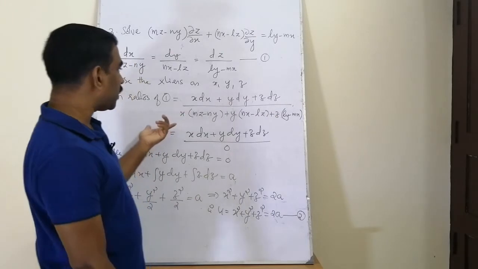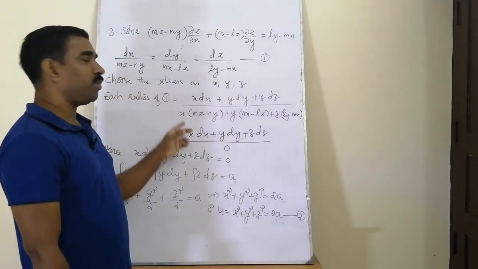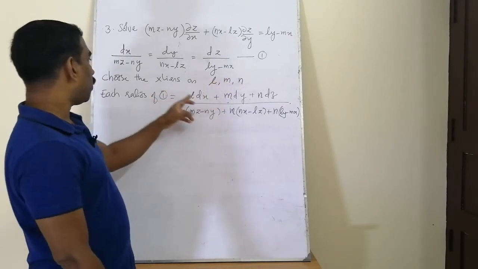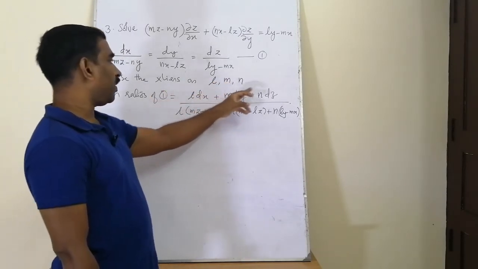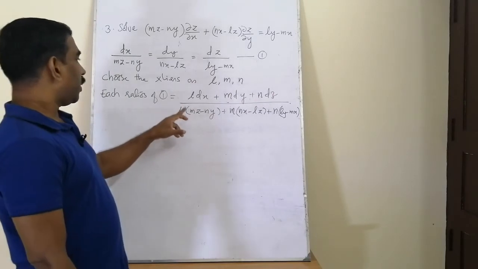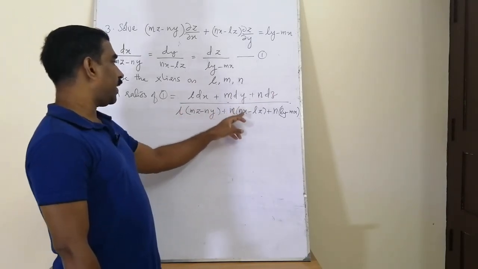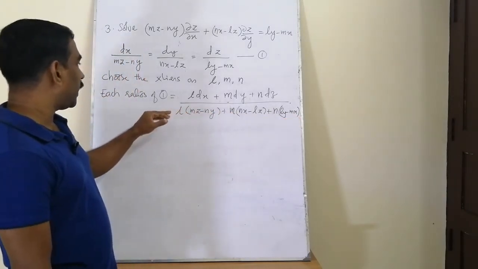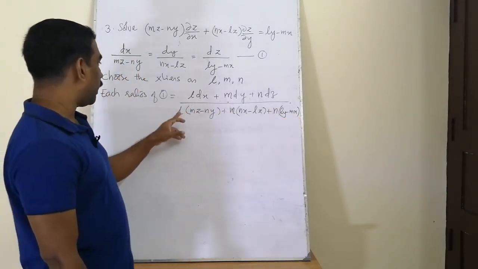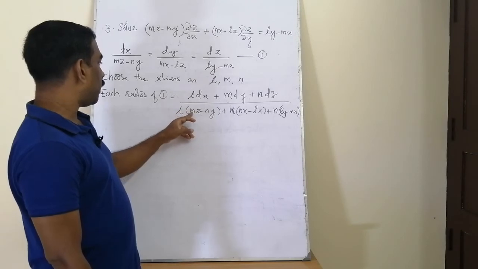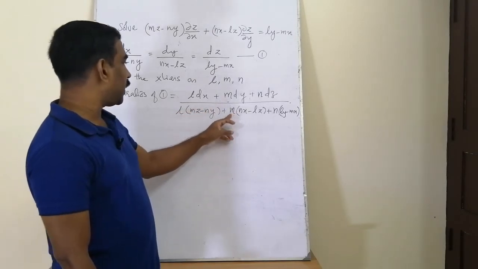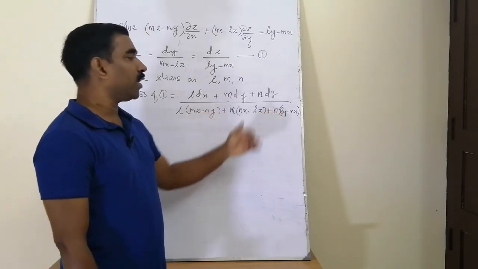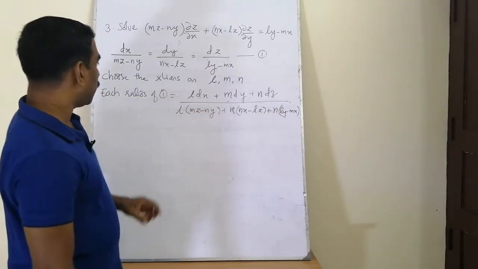On expansion again we can see that the denominator becomes 0, because lmz minus lmz cancels, lny minus lny equals 0, and similarly for the other term.